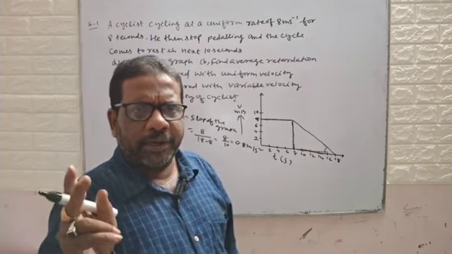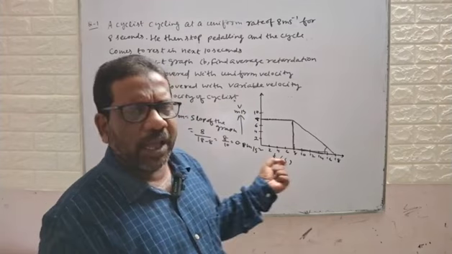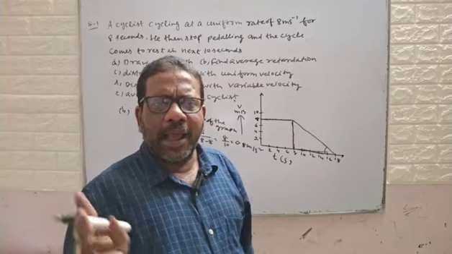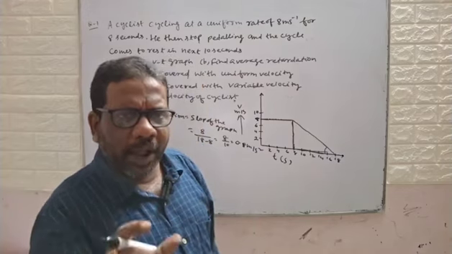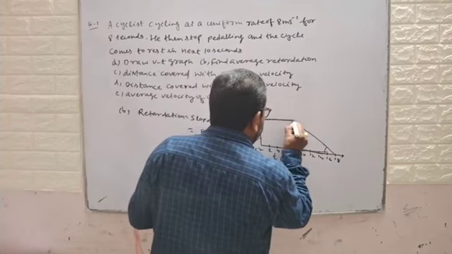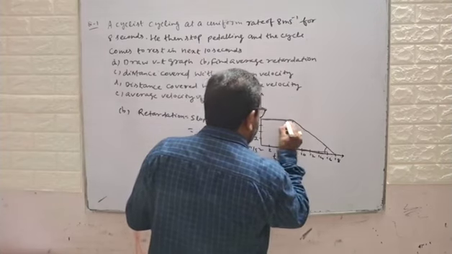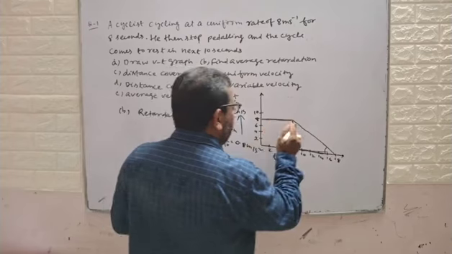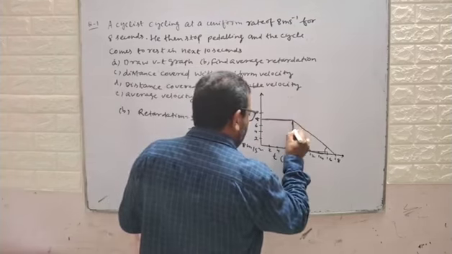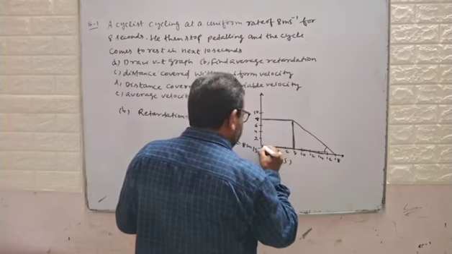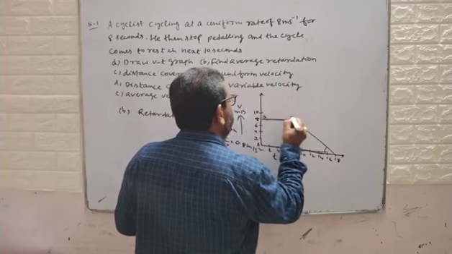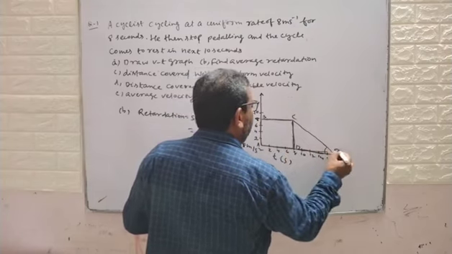To find distance from the VT graph, we have to calculate the area enclosed between the graph and time axis. This portion shows the speed of the cycle with uniform speed. Now we have to calculate the area of these things. You name it A, B, C, D and E.